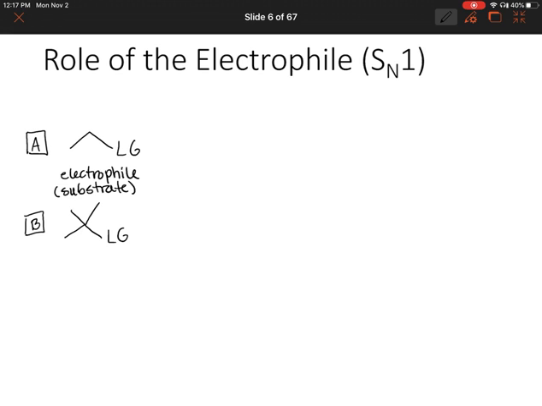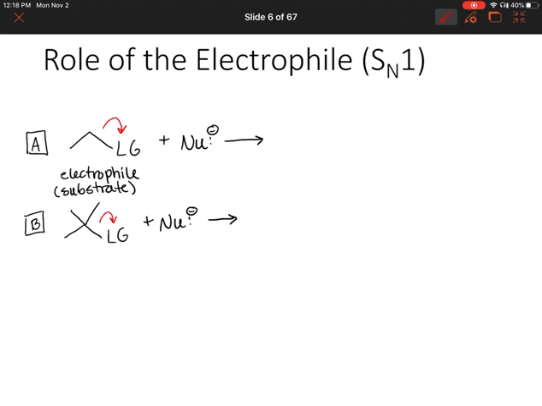And let's say they're going to eventually react with a nucleophile, but this is an SN1 process, so the leaving group is going to leave first. So remember, in an SN1 reaction, it's a first order reaction.